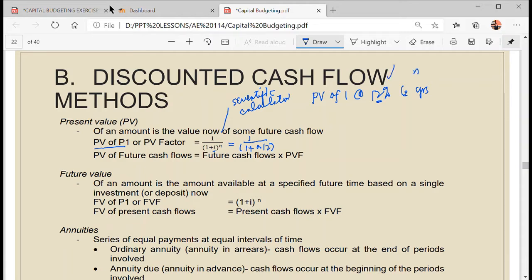This is your n, this is your I. Okay, so this is 6. So kung scientific na siya, unsa may answer? Scientific calcu ba gamitin niyo or ordinary calcu? Scientific. Unsa may answer ani niya?